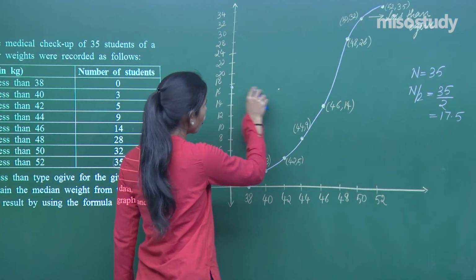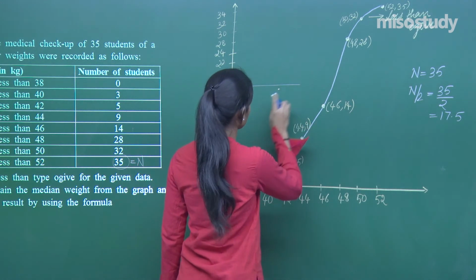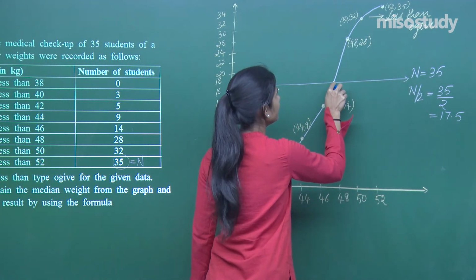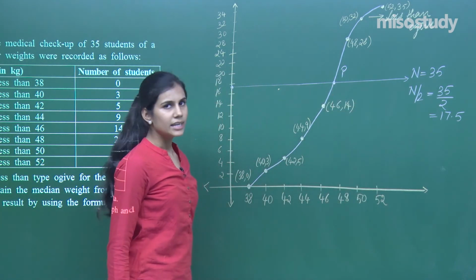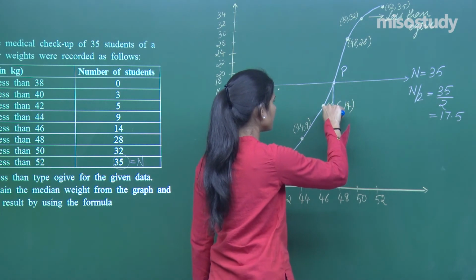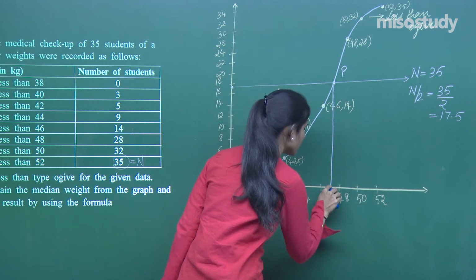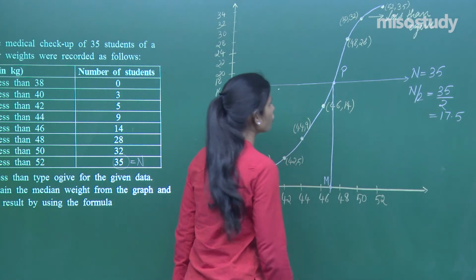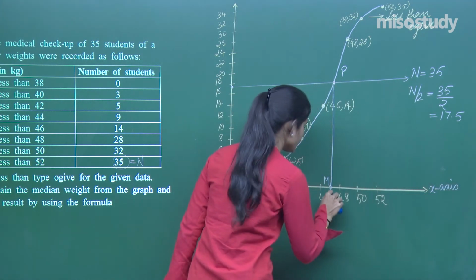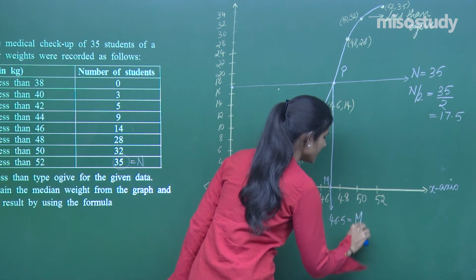Now draw a line parallel to the x-axis passing through this point, cutting the ogive at P, and drop a perpendicular PM to the x-axis. What you get over here is 46.5, which you declare as the median.